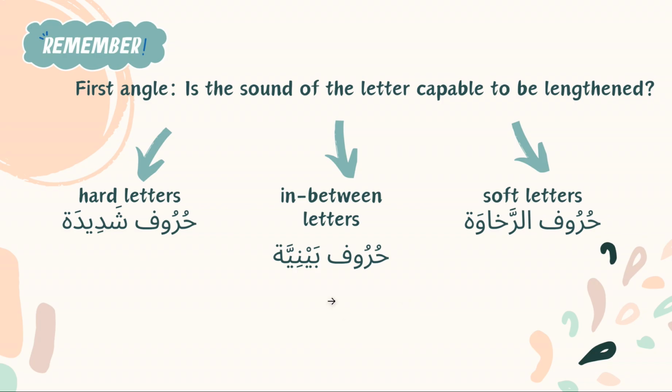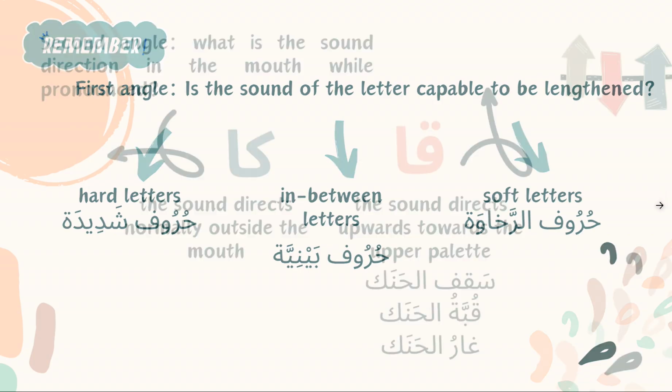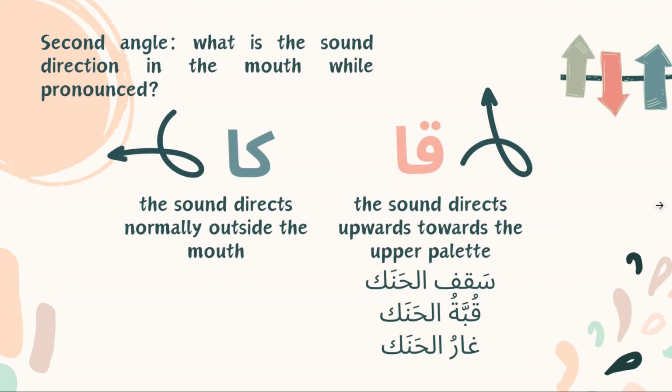But also in the middle, there is a group of 5 letters that do not belong to the shidda and do not belong to the rakhawa. And these are huruf bayniya. They are in between letters. So this was the conclusion that we came with last time.